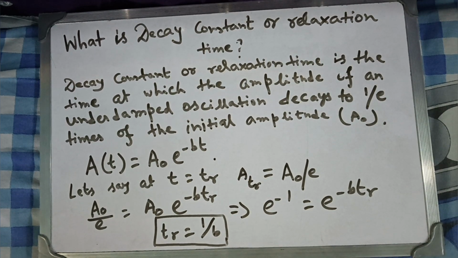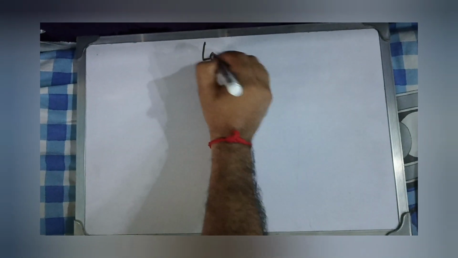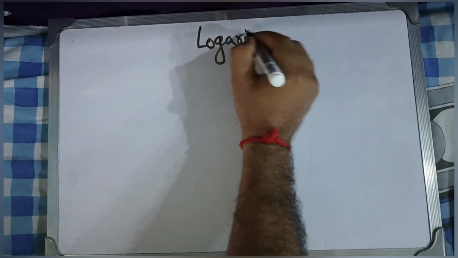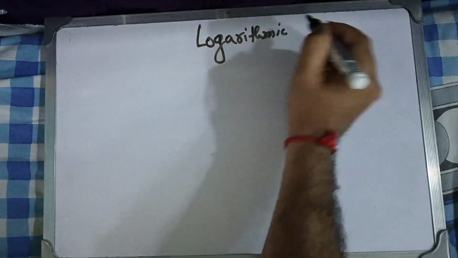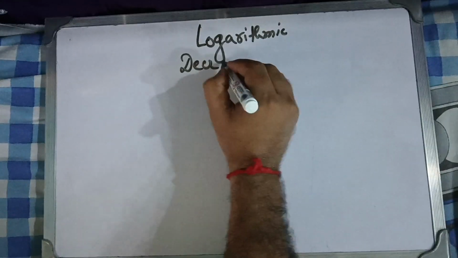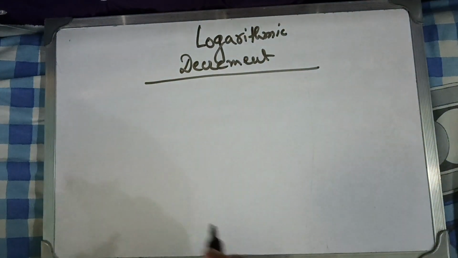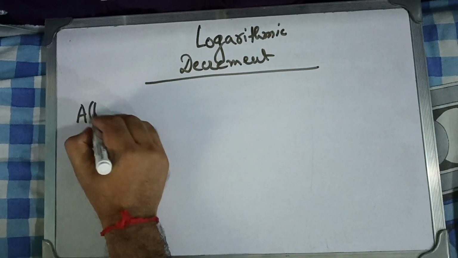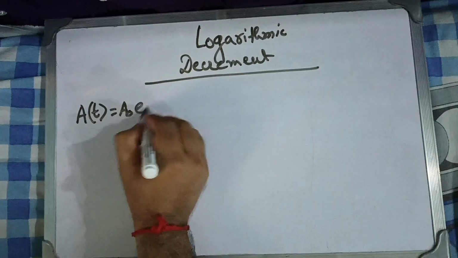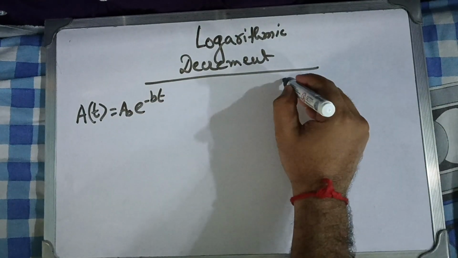Okay, now next we will discuss the logarithmic decrement, which is another important term in this damped vibration lecture. Now as you know that the amplitude decays as a0 e to the power minus bt, so it will be oscillating like this.